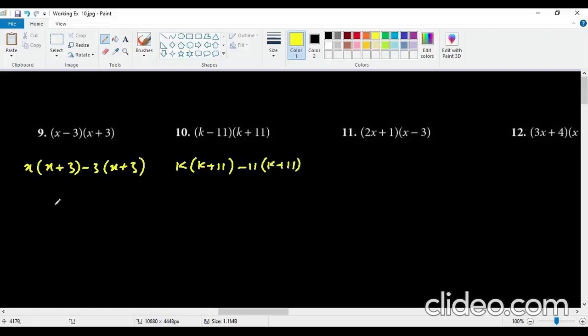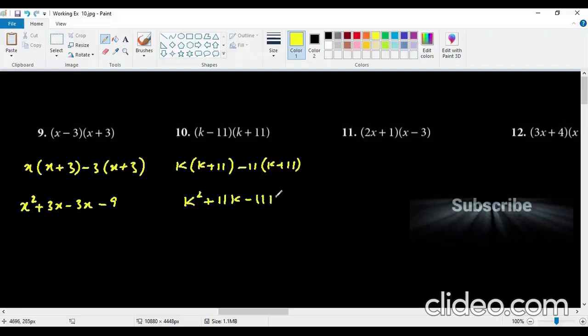Now first one is going to give you x square plus 3x minus 3x, and minus plus minus is going to give you a 9. Question number 10, k square plus 11k minus 11k, and minus plus minus 121.